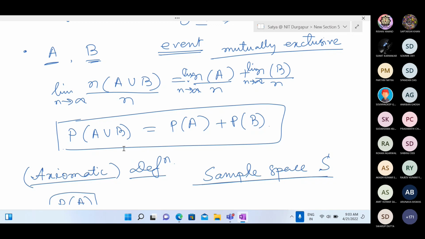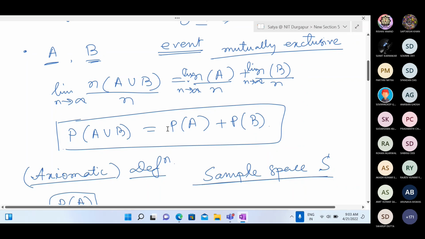But if the event is 1 or 2, where we consider event A as 1 and event B as 2, then A union B occurs if A or B comes on top. The probability of A is 1 by 6 and the probability of B is 1 by 6. If you add these two, 1 by 6 plus 1 by 6, it is 2 by 6, basically 1 by 3.